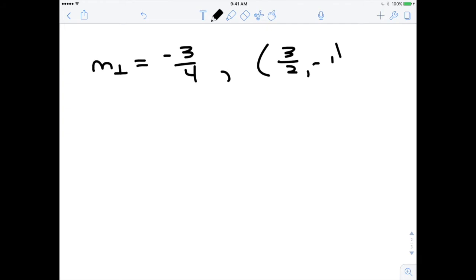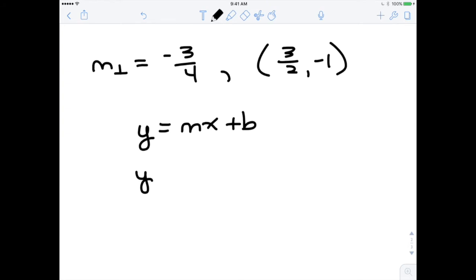So now we know that the slope of the perpendicular line is equal to -3/4 and that it passes through the point (3/2, -1). Let's use the formula y equals mx plus b to write the equation of the line.